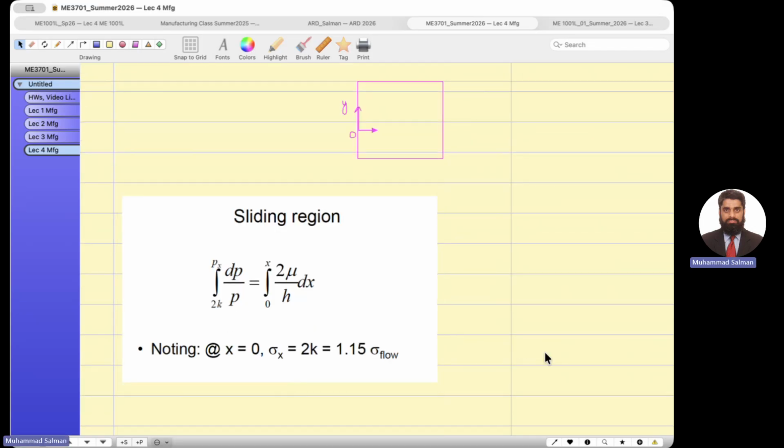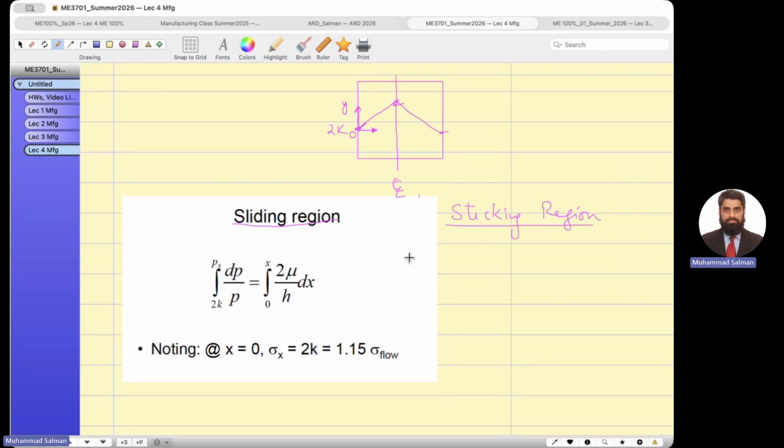Now you will see two words in our forging analysis. One is sliding region, and the other word is sticking region. Let me show you briefly. This is the center line. Now look over here, suppose the pressure over here is 2K, and it increases toward the center line.